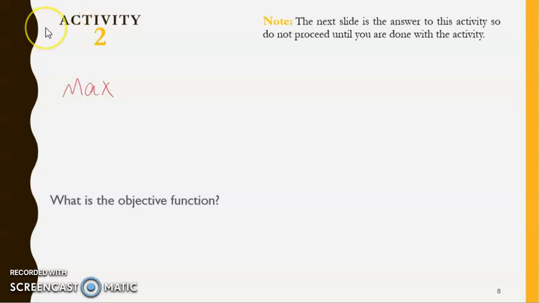So the objective function would be the return of the first case times the amount of money you put over there, plus return on the second one times amount of money you put there, and like that. Exactly similar to the previous case that we did together, if you remember, with the activities that we had.